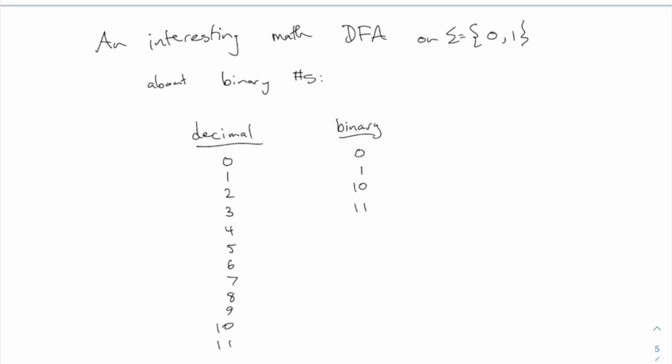So 4 looks like 100, 5 is 101, 6 is 110, 7 is 111, and so on. These are the same numbers in binary.